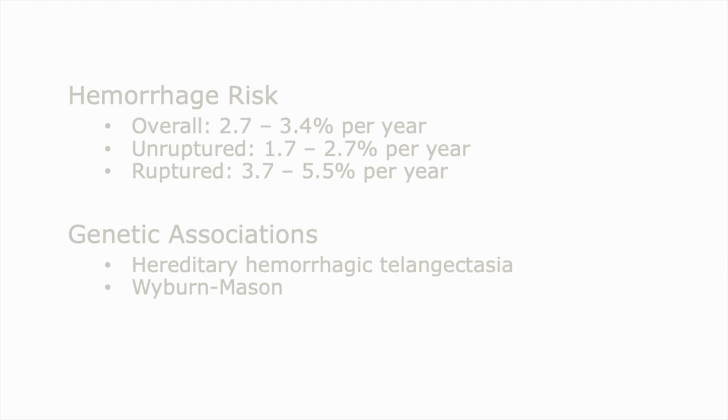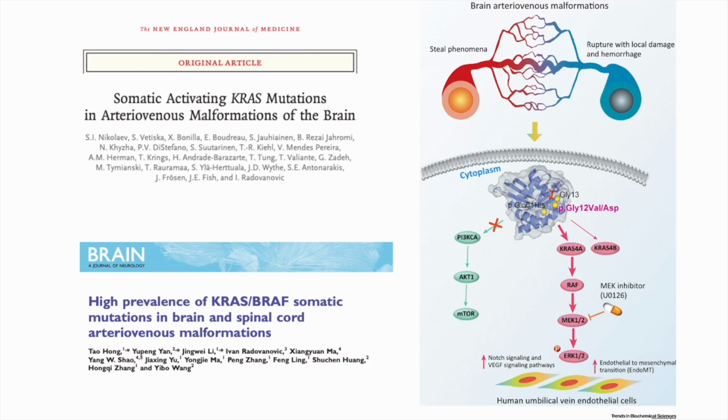The natural history surrounding AVMs that are seen in patients with the genetic conditions associated with AVM development, including HHT and Wyburn-Mason, is a little bit unknown. There is some suggestion that these AVMs might actually be less liable to hemorrhage, but the numbers haven't really existed to arrive at solid conclusions.